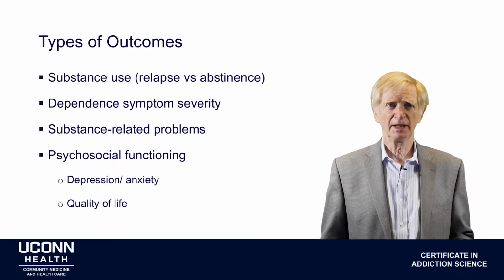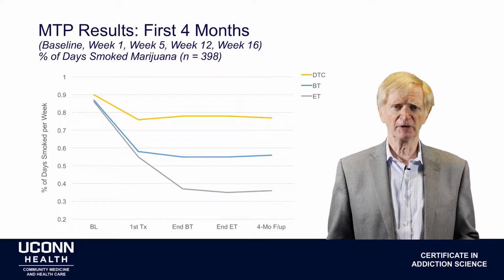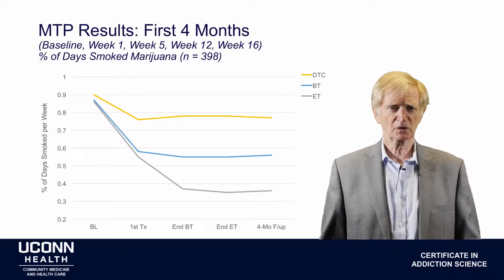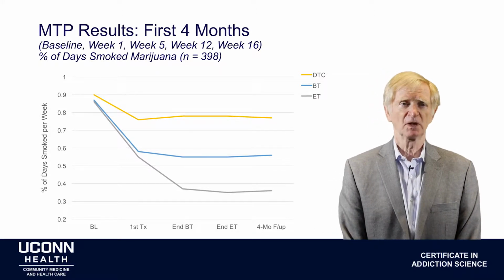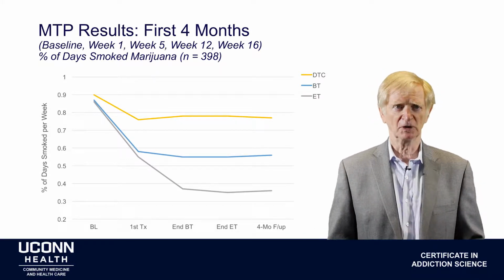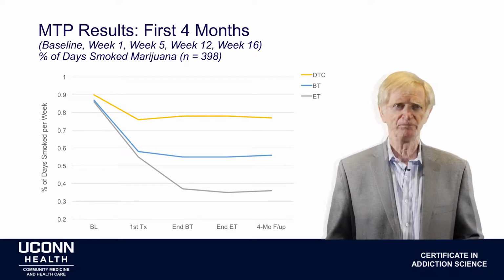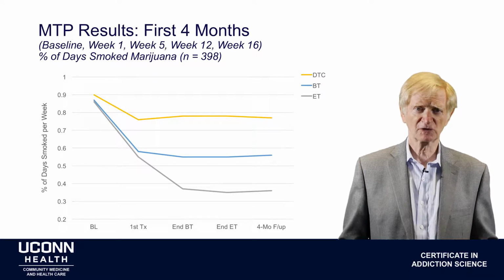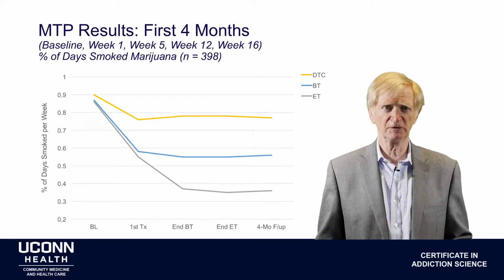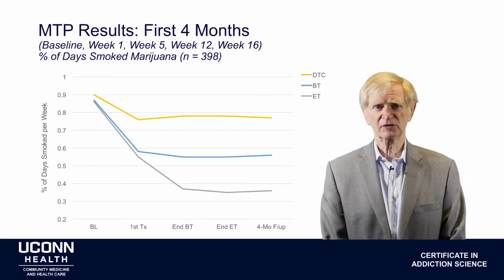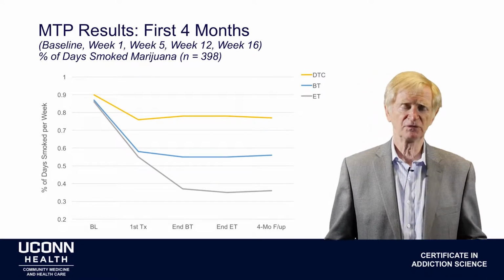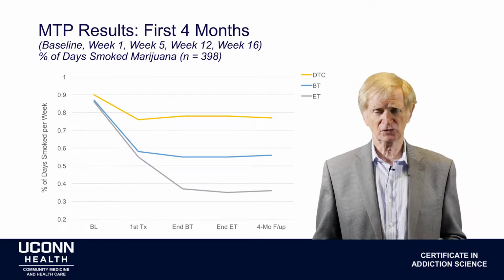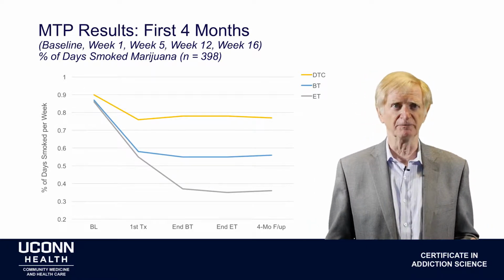If you remember, MTP randomized 450 research participants who were chronic marijuana users to three conditions: a delayed treatment control group on the top, a group that received 2 sessions of brief motivational treatment, represented in the middle, an extended treatment group that received up to 9 sessions of motivational treatment and cognitive behavioral therapy.